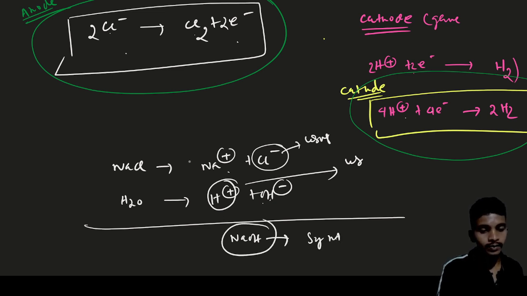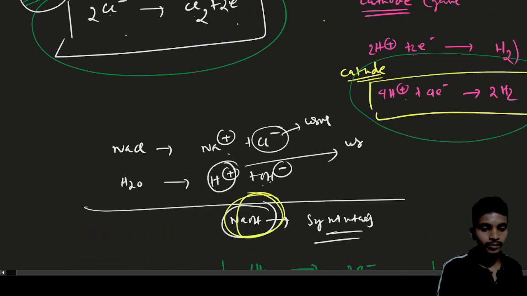So in this way we can prepare NaOH. So synthesis of NaOH can be done. Na and Cl we will use in the cathode and anode reactions, and the remaining Na and OH form NaOH. So by using this case 2 we have prepared NaOH.